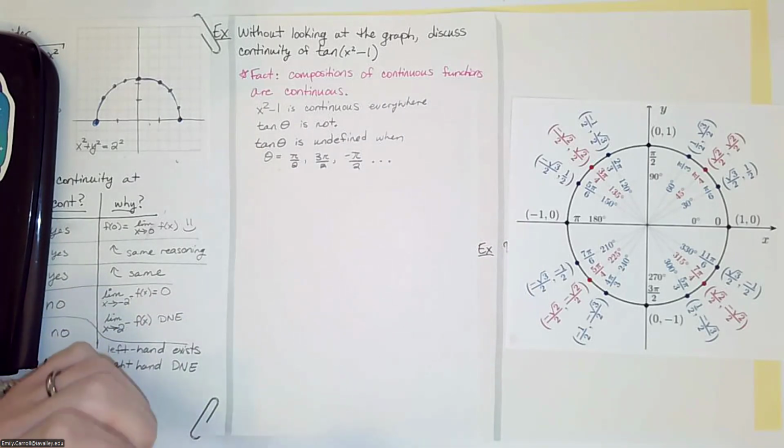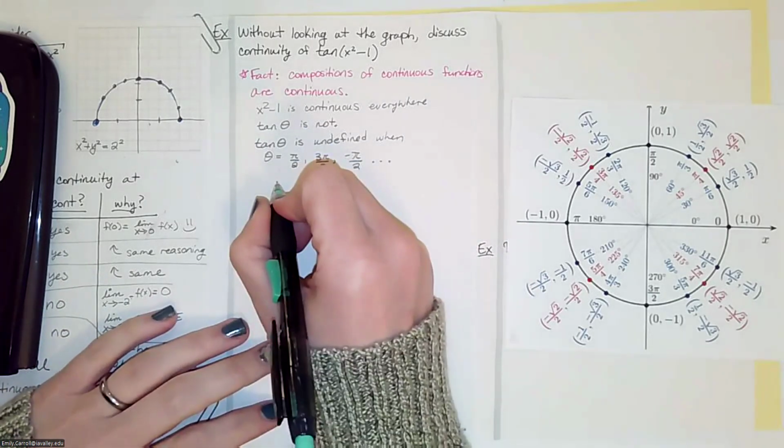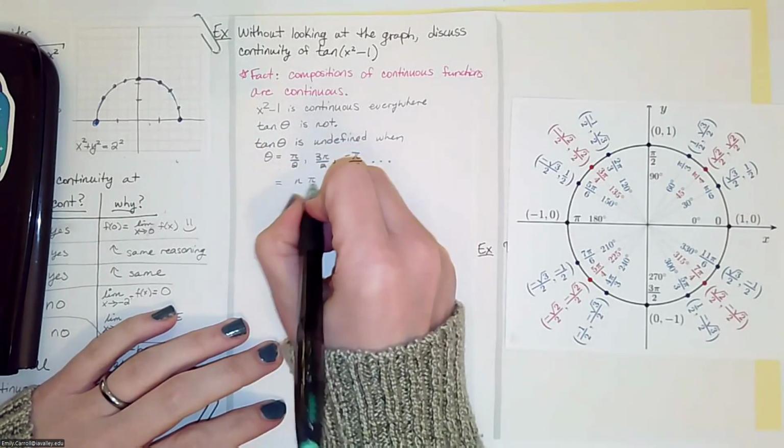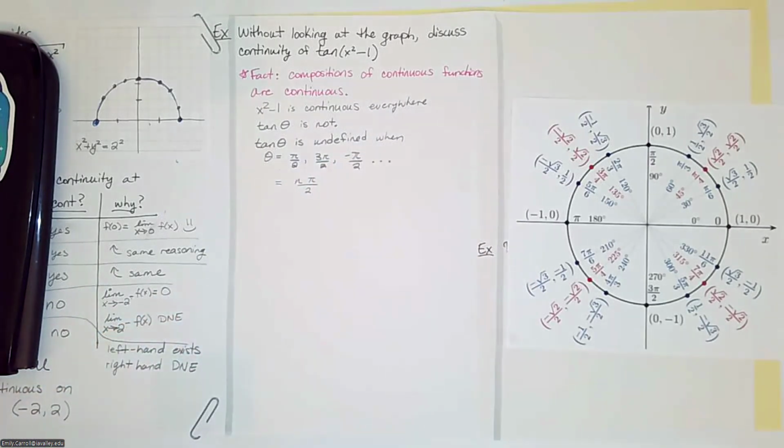So tangent of theta is undefined when theta equals any integer times pi over 2, yeah?